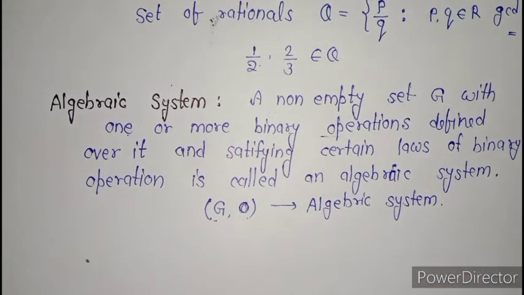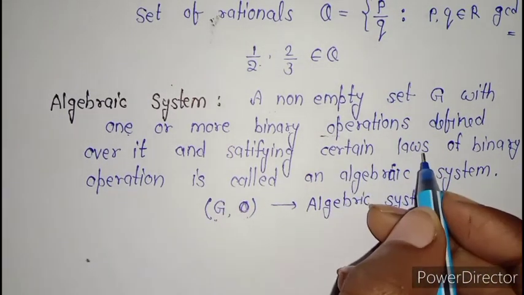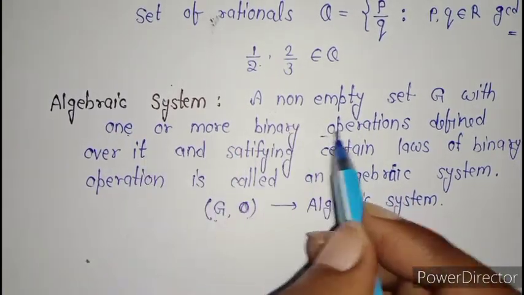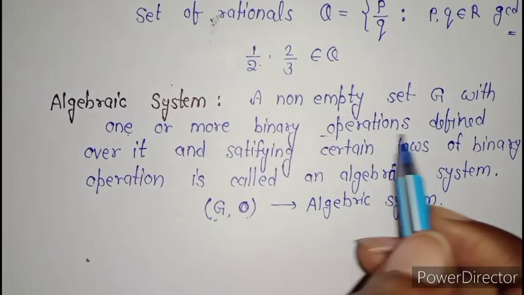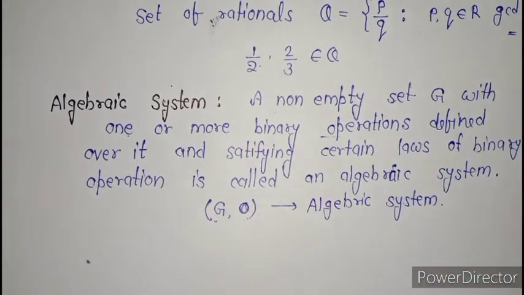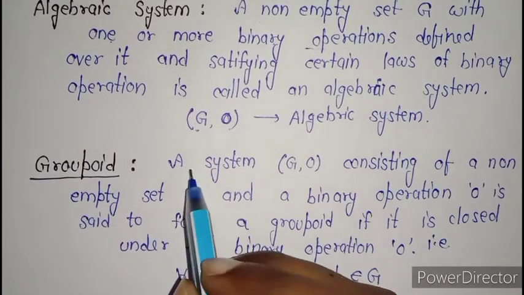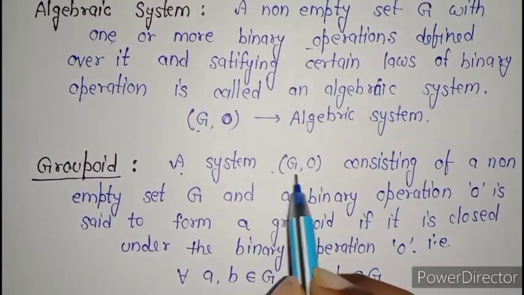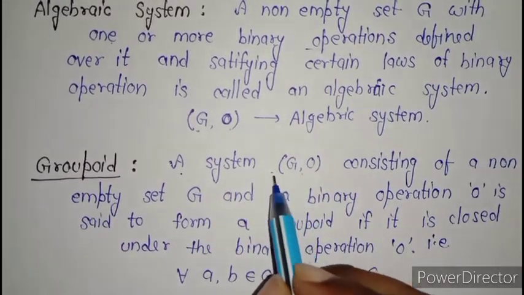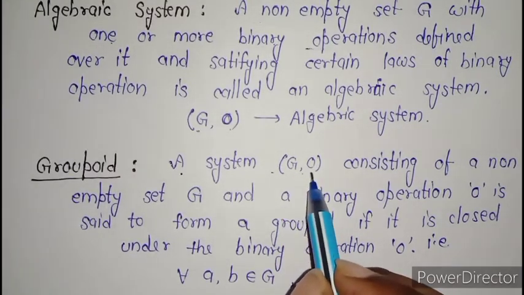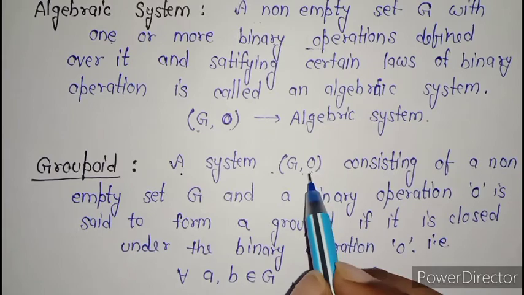Now I will tell you what certain conditions should be satisfied by a non-empty set with some binary operation. Firstly, we will discuss what a groupoid is. I will tell you about an algebraic system consisting of a non-empty set with a binary operation O. This operation O may be anything.